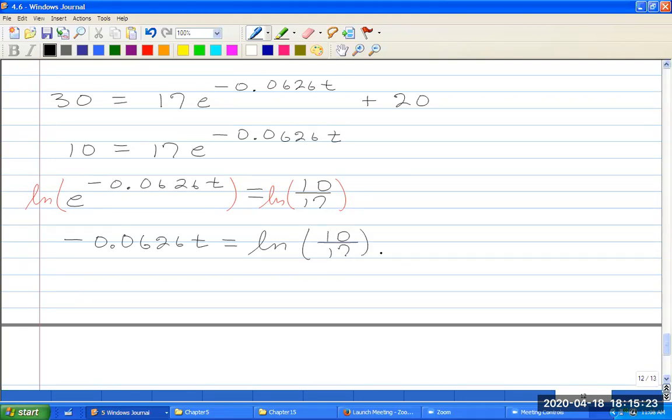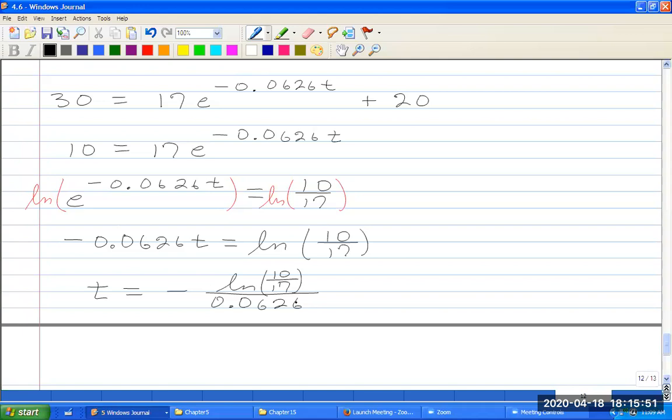Divide both sides of your equation by negative 0.0626. So t is equal to negative ln(10 over 17) divided by 0.0626.